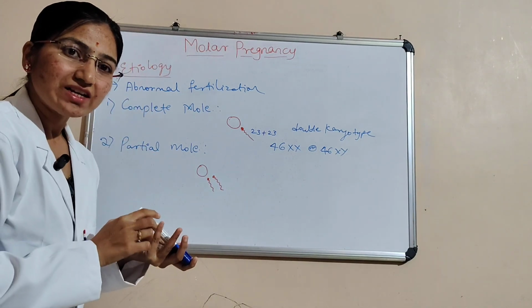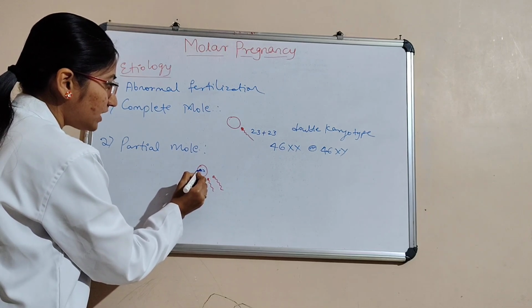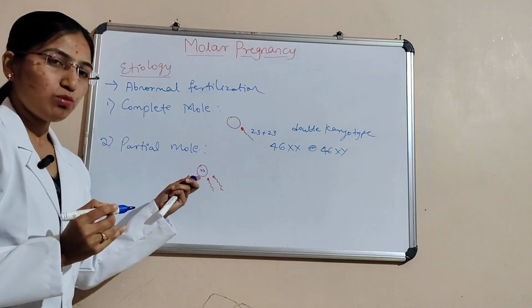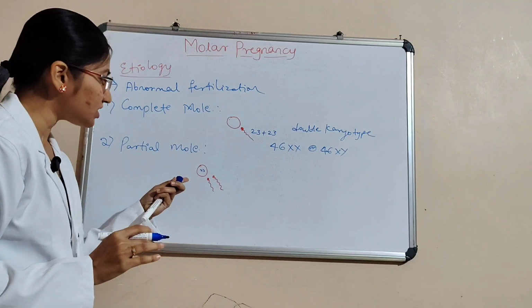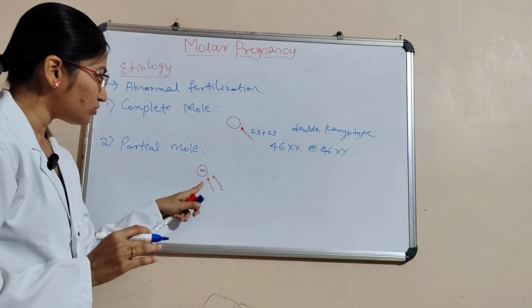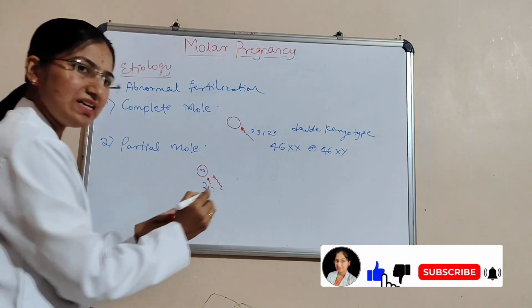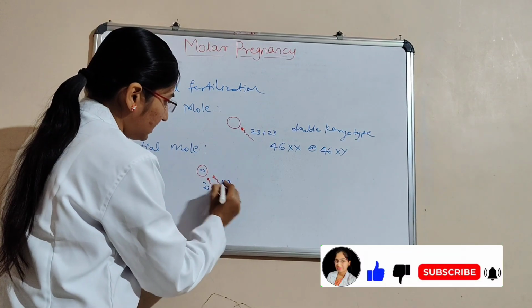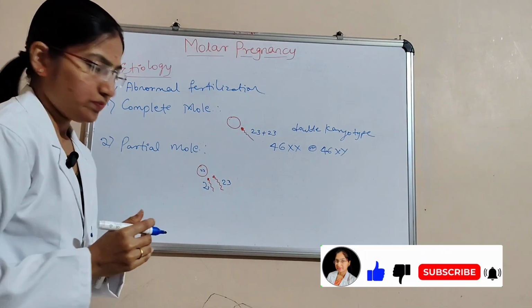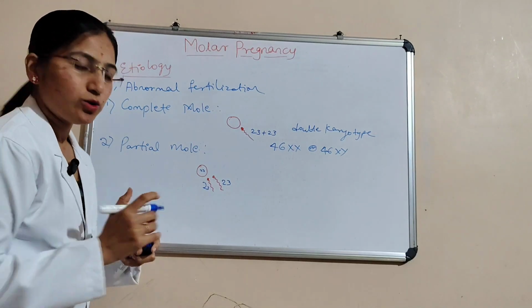We have to understand that a normal egg already has 23 chromosomes. Here 23 chromosomes from one sperm, and also 23 chromosomes from the other sperm. Now it is going to form a triploid karyotype.